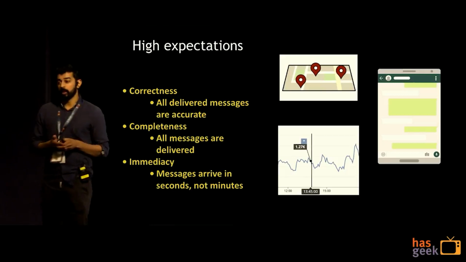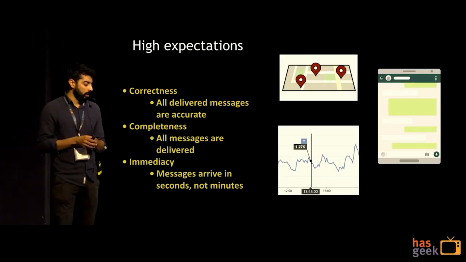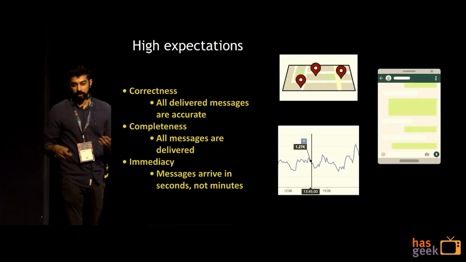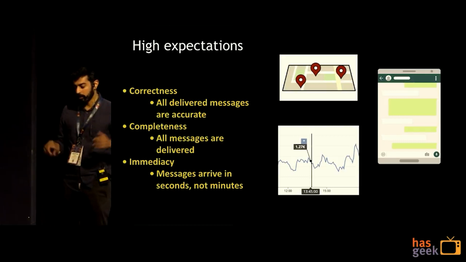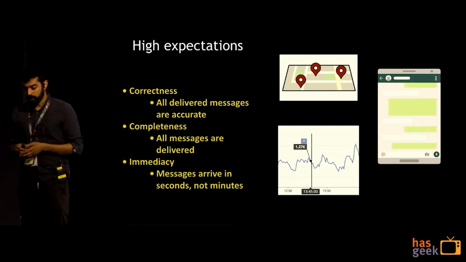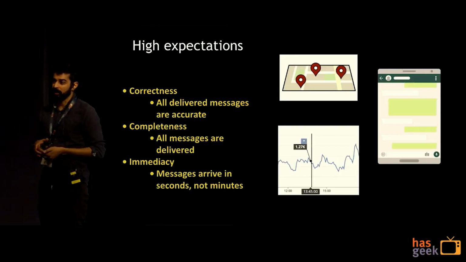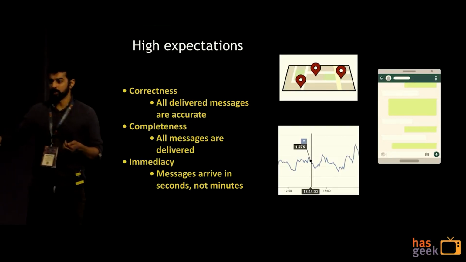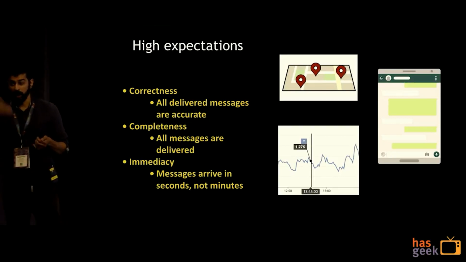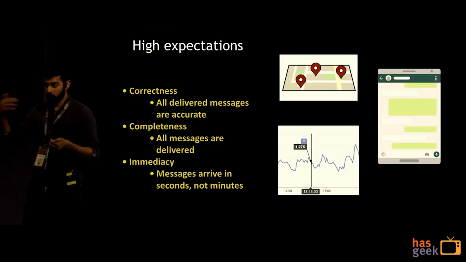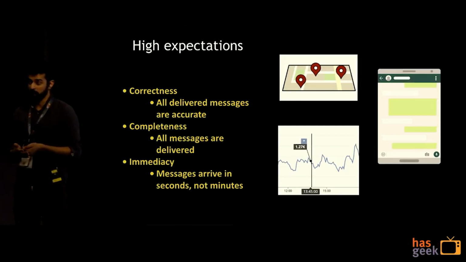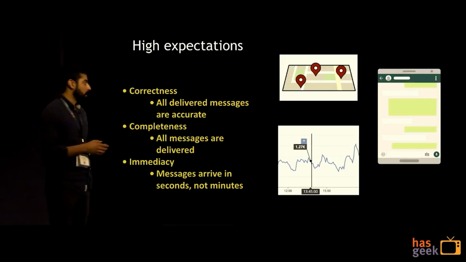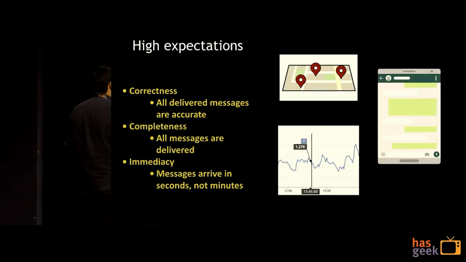And the third thing we care about is immediacy. We want a guarantee that messages arrive in seconds and not minutes, and we architect our assumptions around the fact that whatever message we put into one side of the pipe is going to arrive at the other side in the order of seconds, and hopefully even milliseconds, because that's how stringent our requirements have become.